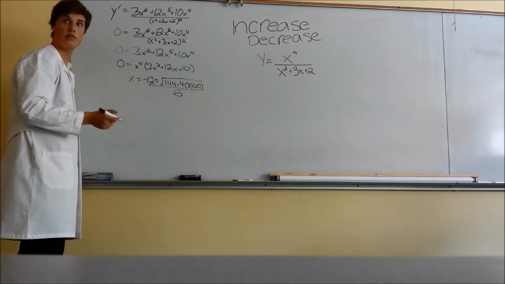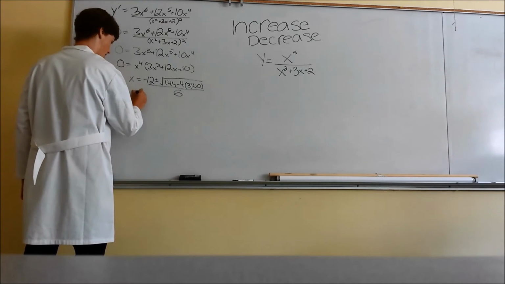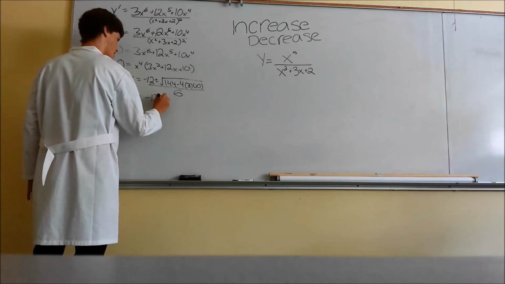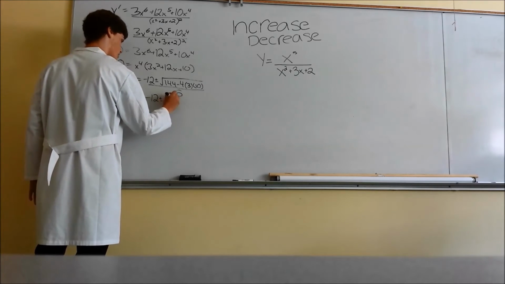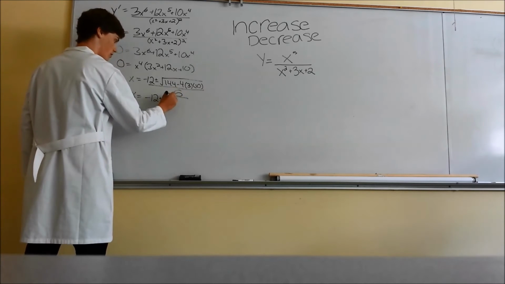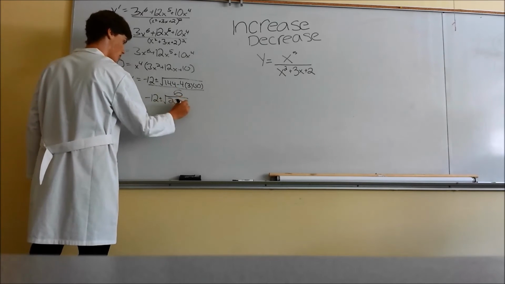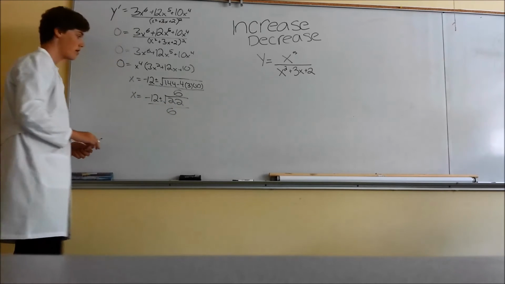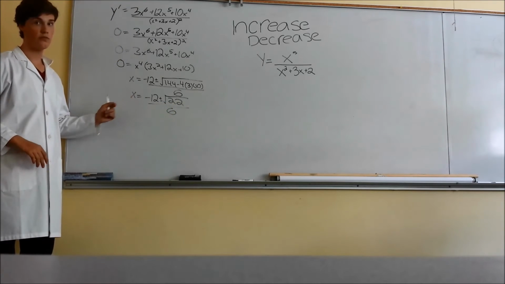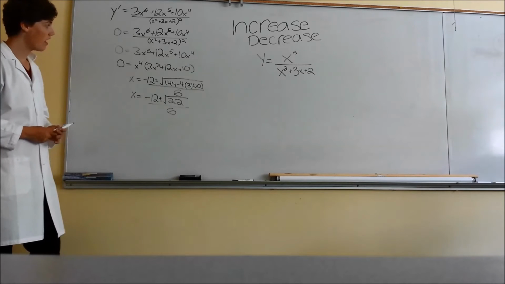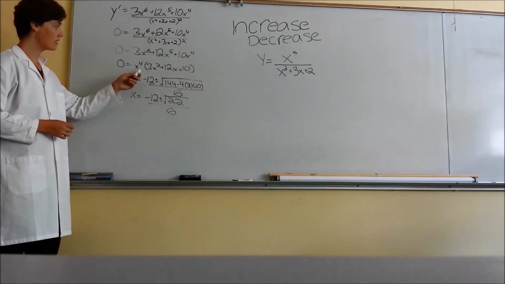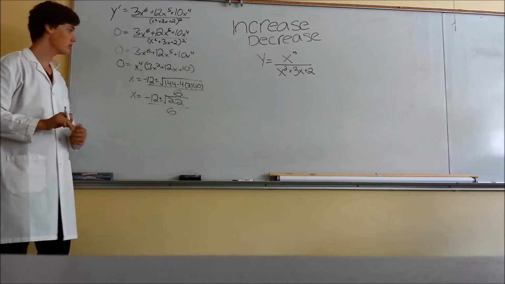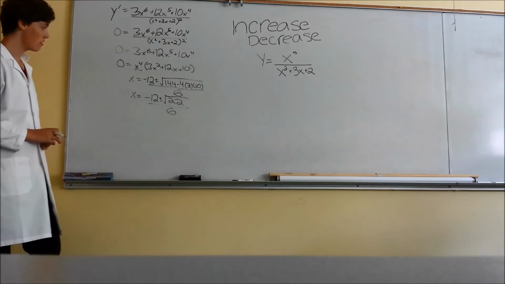This simplifies to x equals negative 12 plus or minus root 22 over 6. This gives us two of our critical points, and the final one, of course, is x equals 0 as the final section of our equation.